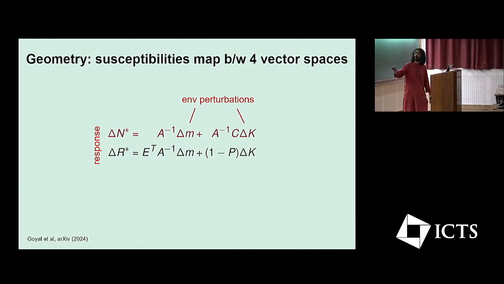And if you want to talk about what the response of, for instance, the changes in the species abundances are to the various environmental perturbations you make, well then these composite matrices represent transformations which take some of these vectors to the response space.